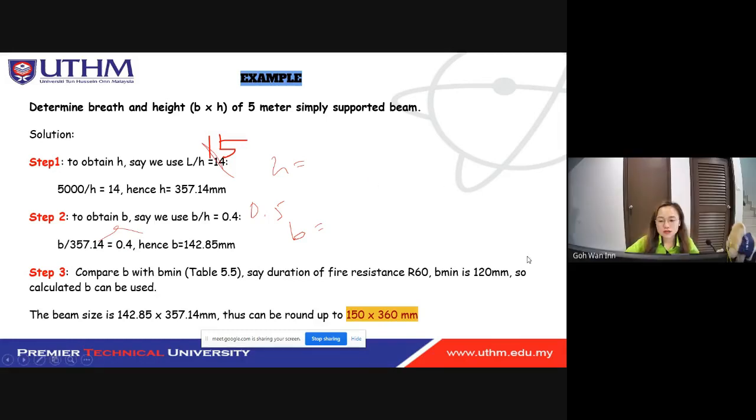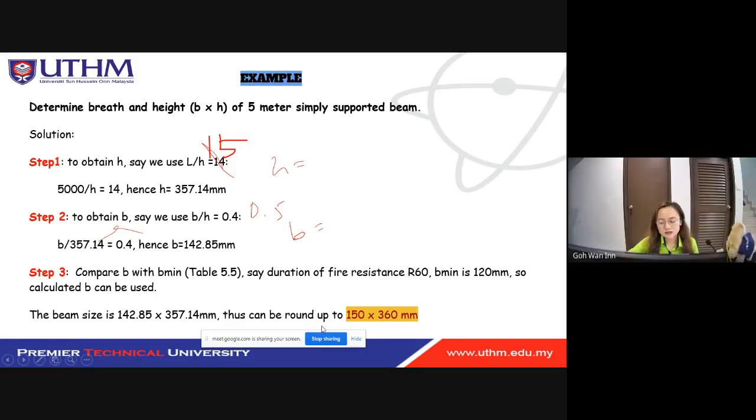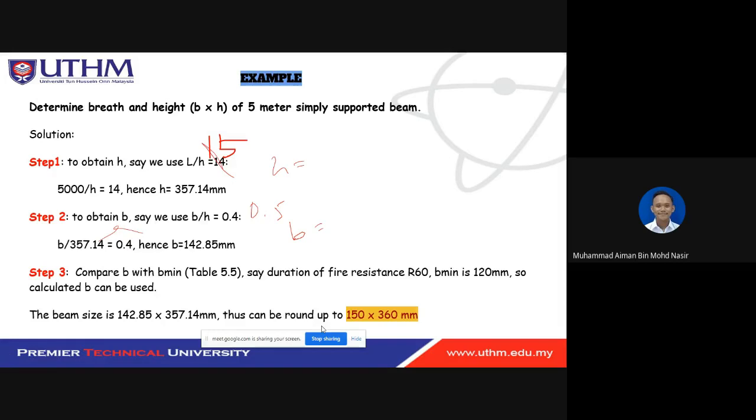You try to, Doktor, calculate, doktor nak tanya jap. Kalau contoh kan dia kata kalau nak buat yang L per H ni dia sama dengan 14 hingga 18 kan? Kalau untuk B dengan H ni pula dia di antara 0.3 hingga 0.8. Kalau yang atas tu kita buat contoh 16. Lepas tu yang bawah tu kita buat 0.3.